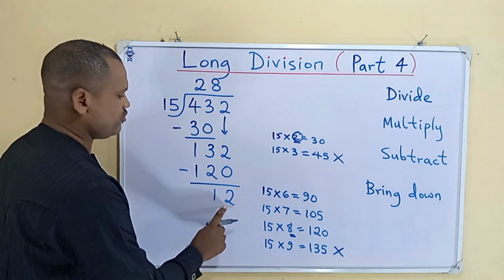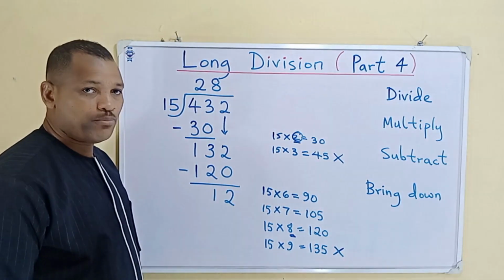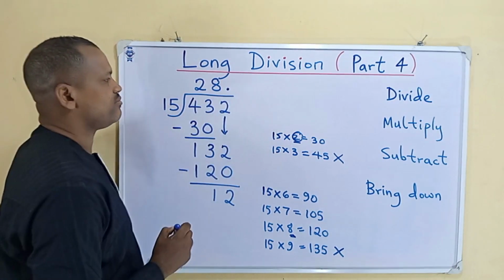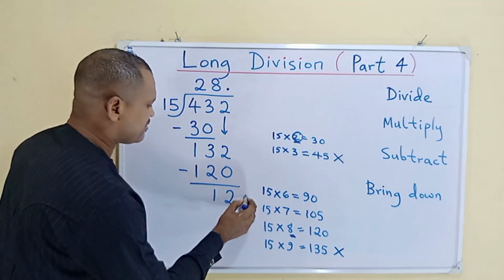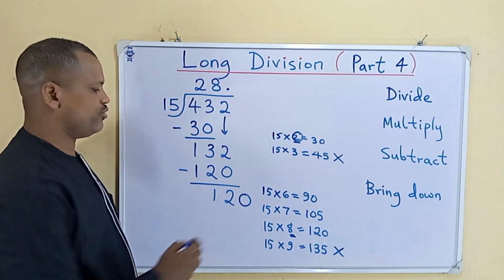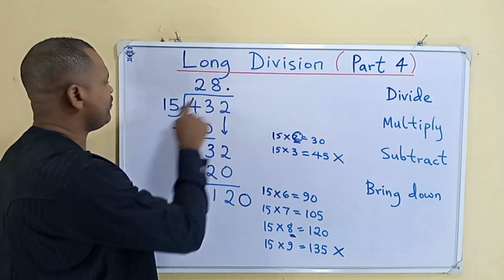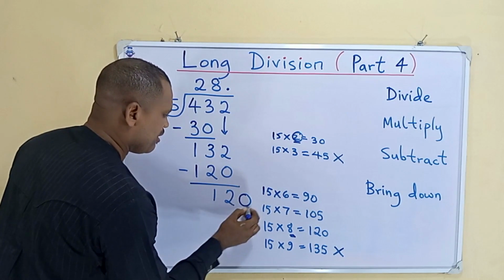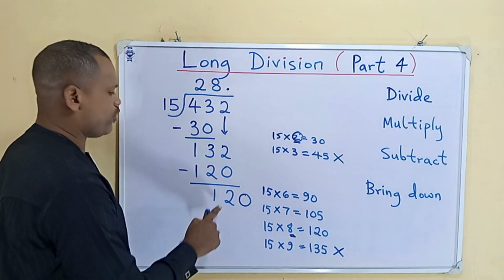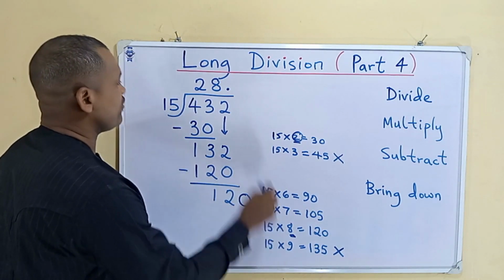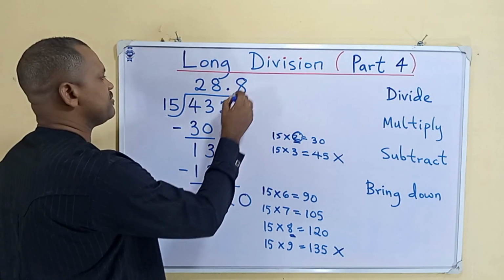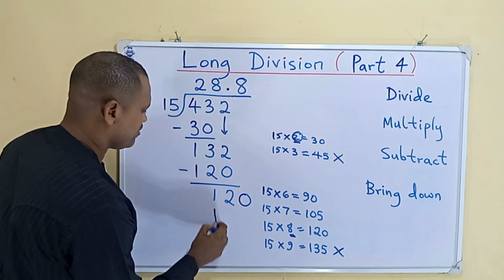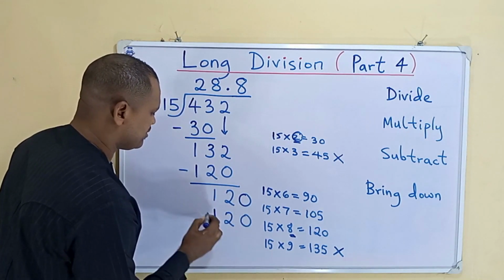15 into 12 is, of course, not possible. What you do is you put a dot here and then write 0 here. After this dot, 15 into 12, you cannot, so put 0 here. 15 into 120, of course, it's 8 times. 8 times 15 is 120.